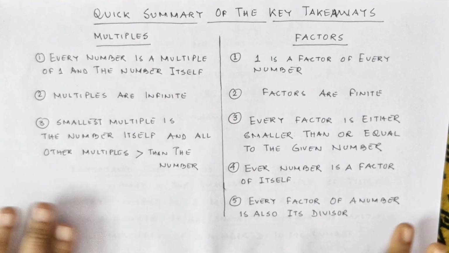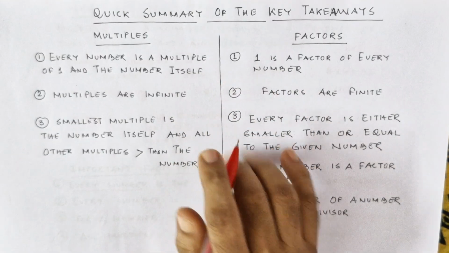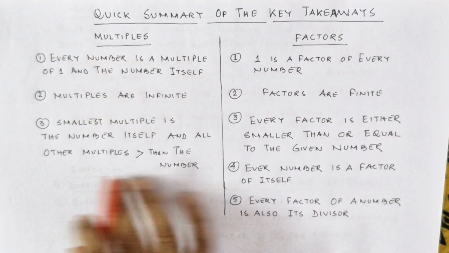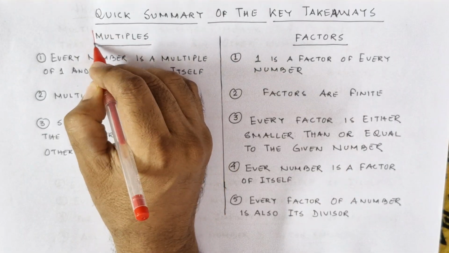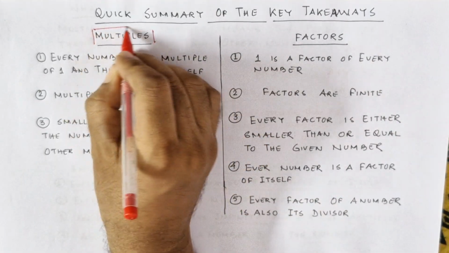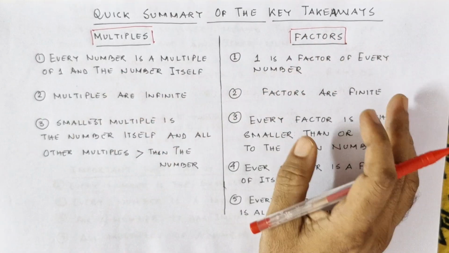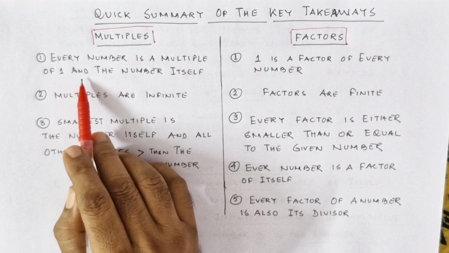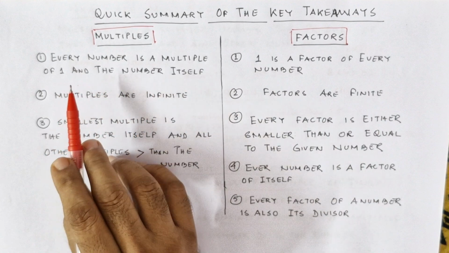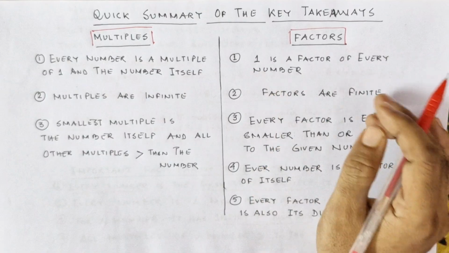So let's see the key takeaways and the quick summary of today's class. See, I have drawn a basic table. On the left hand side I have written multiples, and on the right hand side I have written factors. From the basic discussion, I can say that every number is a multiple of 1 and of the number itself, and 1 is a factor of every number.